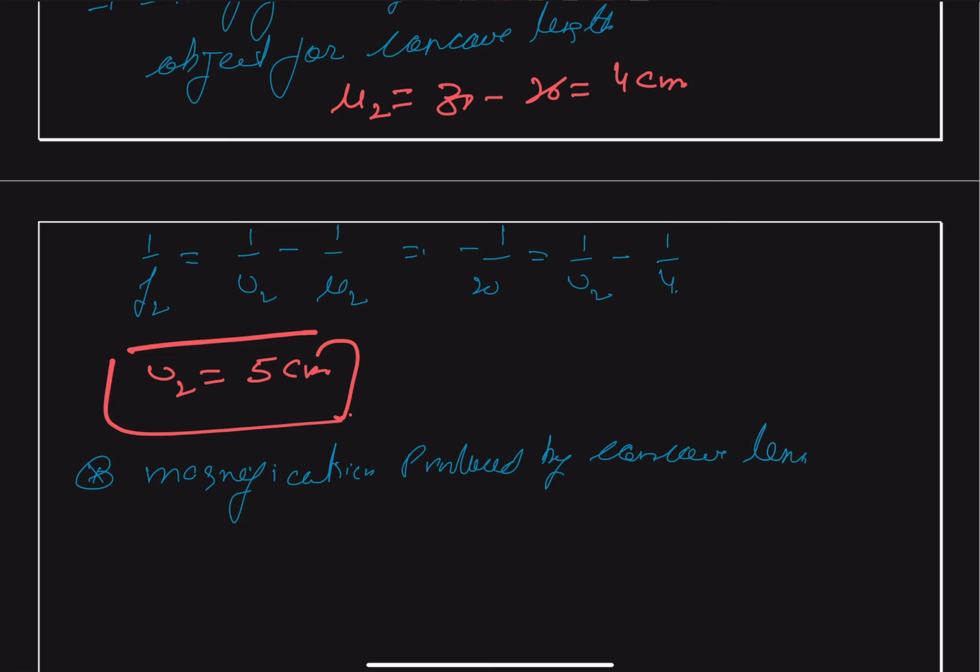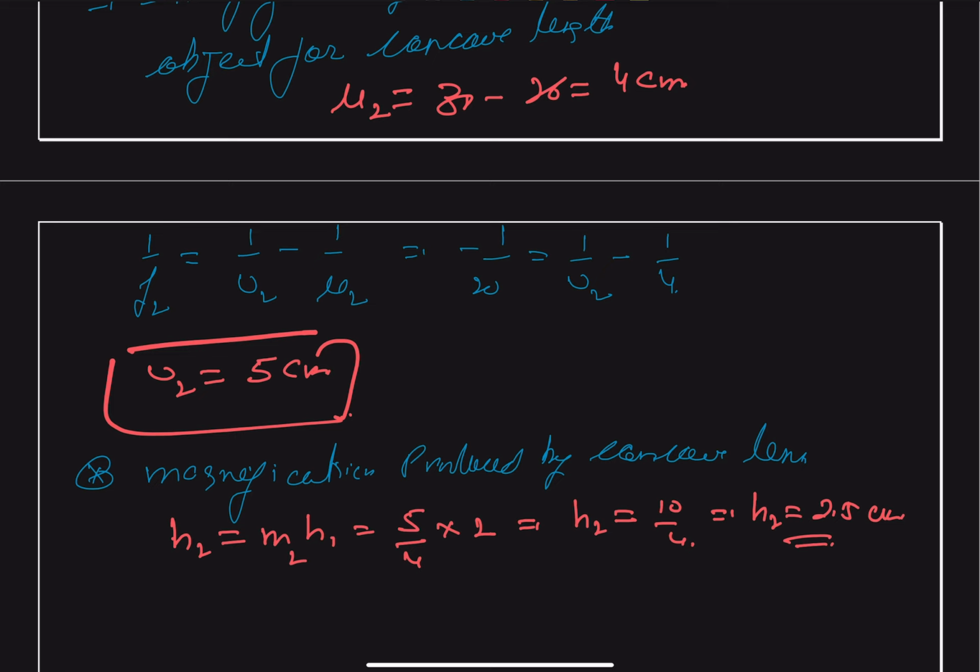And you can say that our H2 will be m2 times H1. This gives us 5 by 4 times 2. So this gives us that our H2 will be equal to, this comes as 10 by 4. So therefore H2 will be equal to 2.5 centimeters.